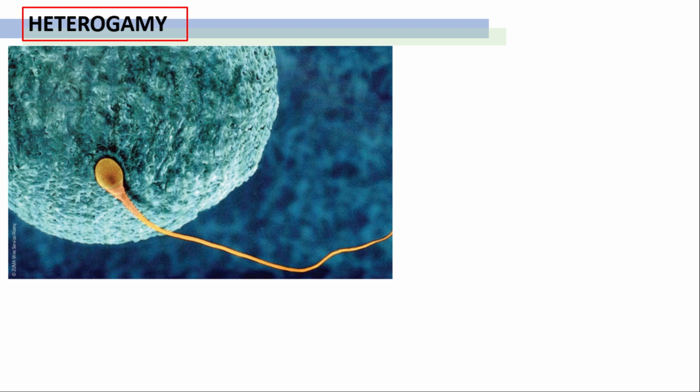Another unique characteristic ng sperm cell aside sa kanyang napakaliit na size ay mayroon siyang isang flagellum, the structure that propels it so that the sperm cell is able to reach the ovum for it to be able to fertilize the ovum. Yung ovum naman natin, wala siyang special structure like the flagellum that will render it motile kasi yung gagawin lang naman ni egg cell is maghihintay sa darating na sperm cell.